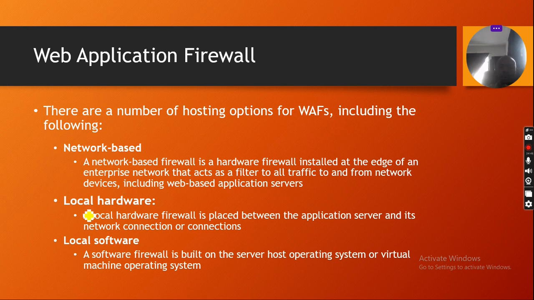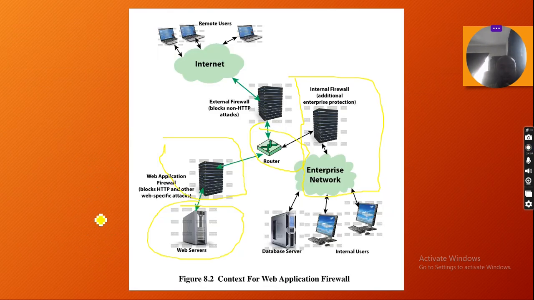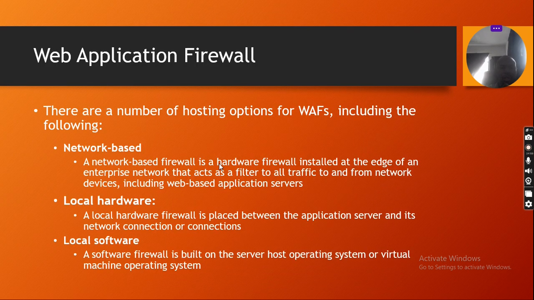Then the local hardware-based hosting is placed between the application server and its network. Application server, this second one. Let me say this one is number 1, this is the local hardware.